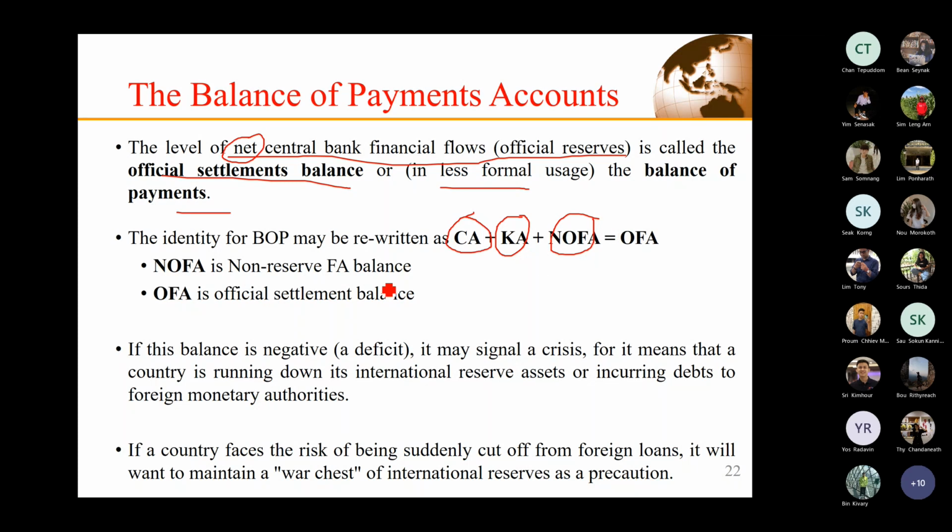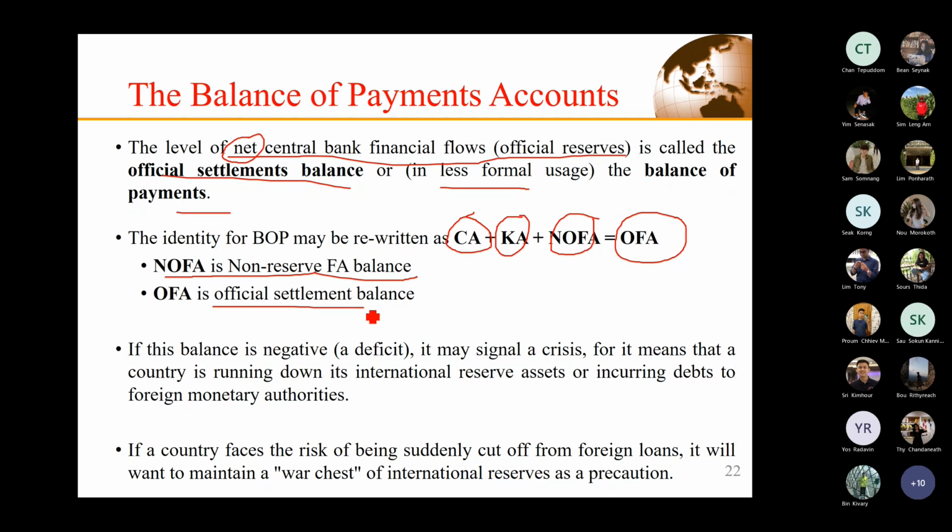This one is the non-reserve financial balance, something in the financial account that is not being carried by the central bank. It's not about the central bank selling and buying foreign reserves. Those things are included in the non-reserve financial balance. If we add them up, it equals the official settlement balance, the balance that is being carried by the central bank.